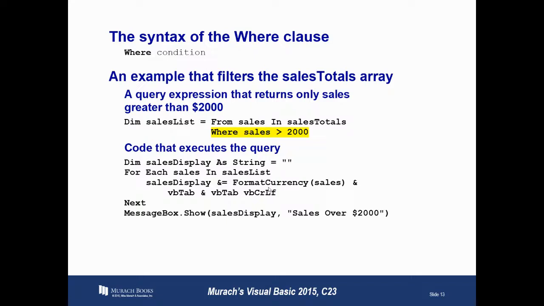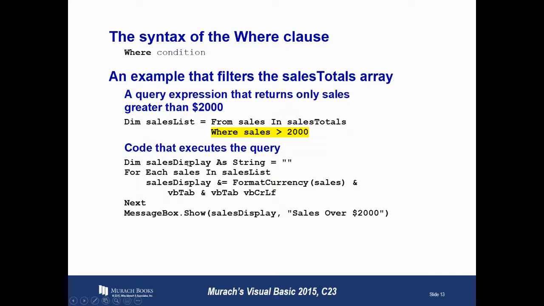So in this case, we have a list of sales. We only want to know sales that are greater than 2,000. So instead of writing a for each statement and looping through all of the sales and then saying, if sales is not greater than 2,000, then continue, here we're querying the data directly. So our sales list is going to say from sales in sales total, where sales is greater than 2,000.